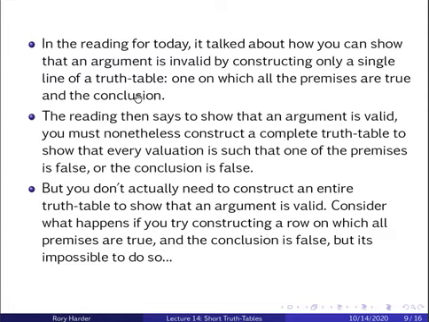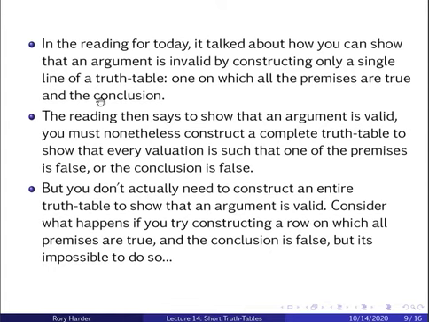Before I get into the details of how the method works, and then I'll work through an example, just from a distance, how the method works is that you try constructing a row on which all the premises are true and the conclusion is false.